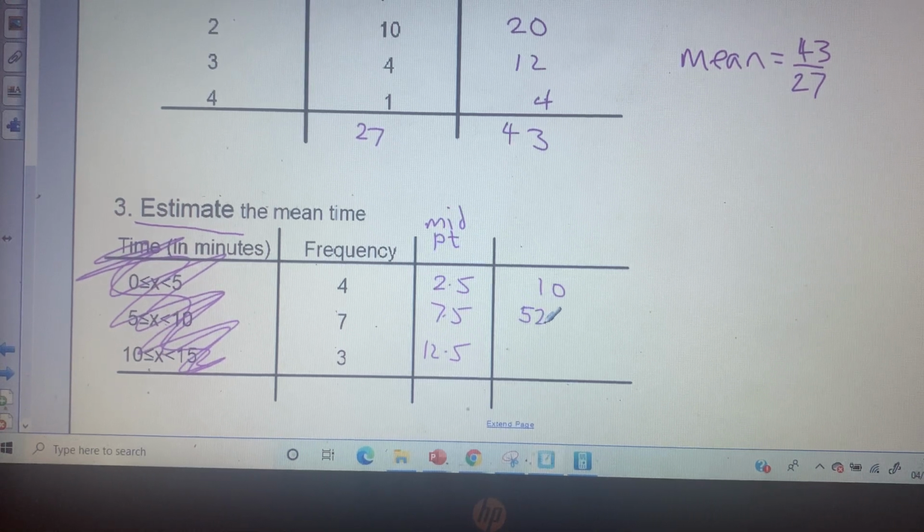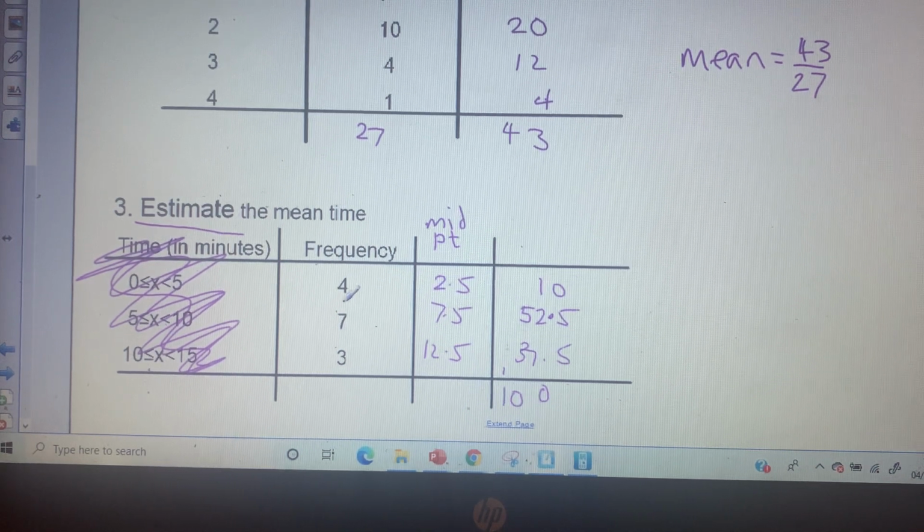And 3 lots of 12.5. So that's 37.5. Sorry, that looks a bit dodgy there. So if I add these together, I've got 10, and 52.5, 100.